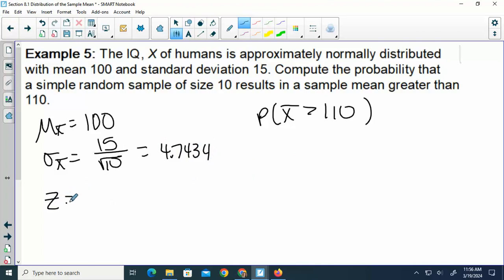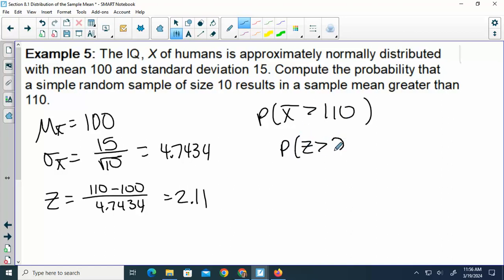Our z is our value minus the mean divided by the standard deviation. So we get 2.11 if you round accordingly. So we're finding the probability that z is greater than 2.11. Greater than means 1 minus, so the probability on the table for 2.11 is 0.9826, and we get 0.017.